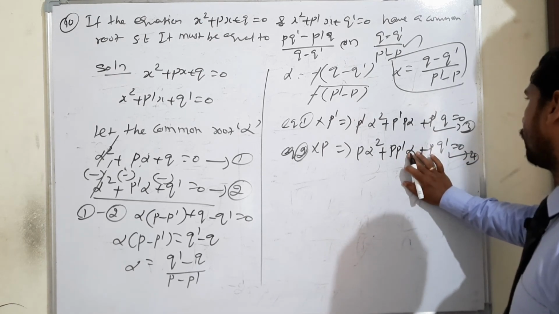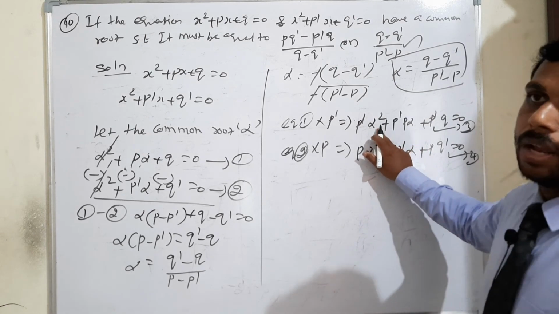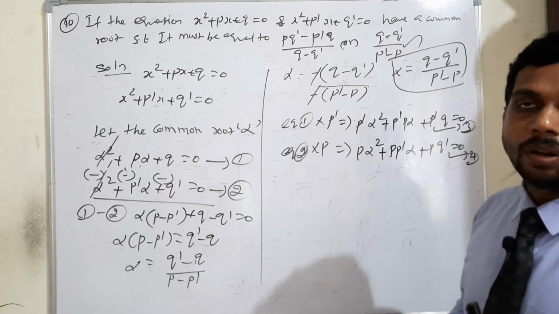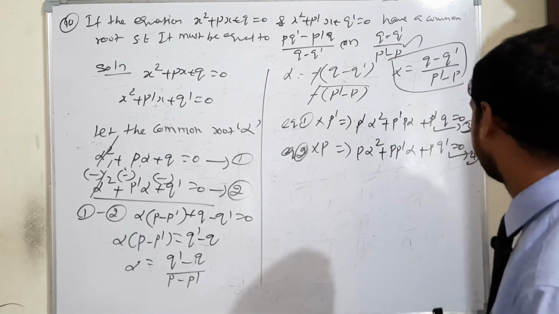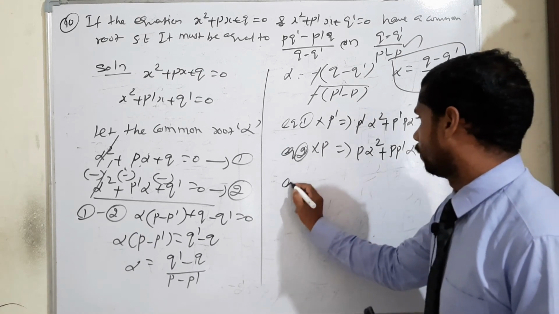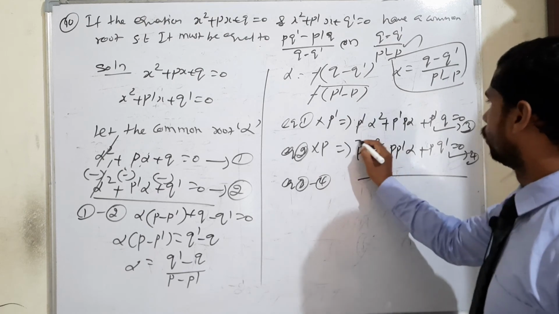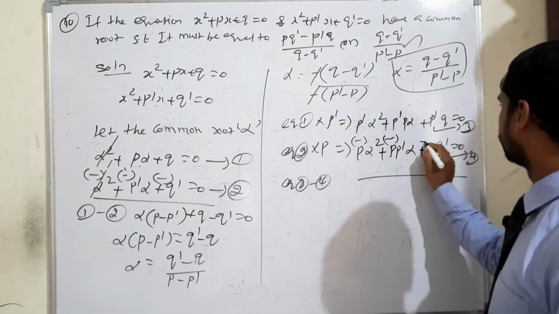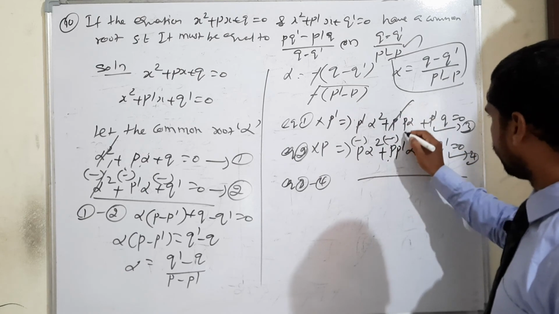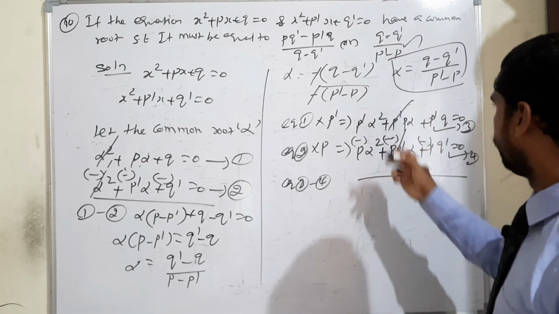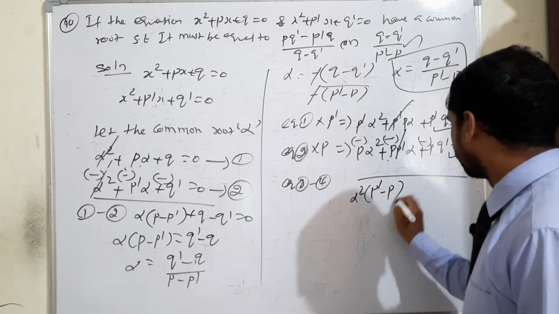If the alpha term cancels, we will get the value of alpha square. Then lastly, we have to eliminate alpha. How to eliminate alpha? Alpha square divided by alpha, one alpha cancels, and we get alpha as a result. Okay, so now equation 3 minus equation 4. Listen very carefully. Throughout the sign changes, here also minus, here also minus. The middle terms, p dash p alpha and minus p dash p alpha, cancel. Remaining, take alpha square common outside: p dash minus p.